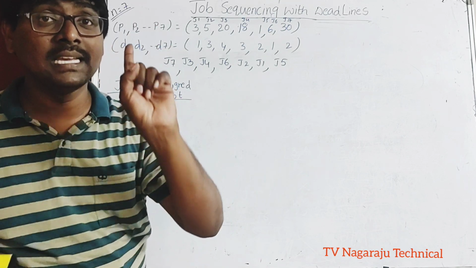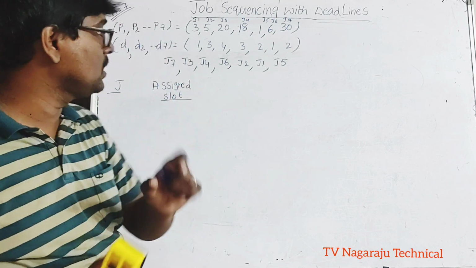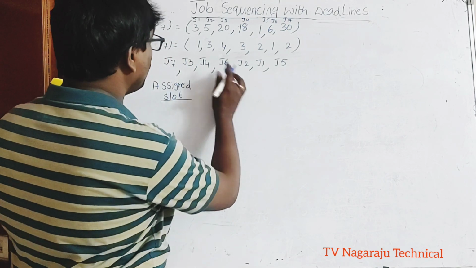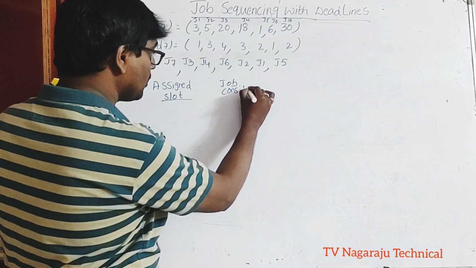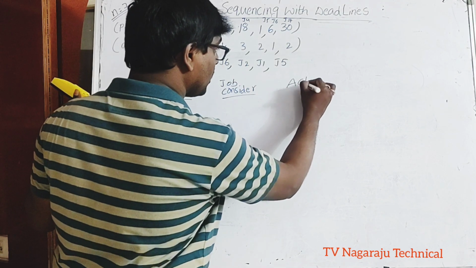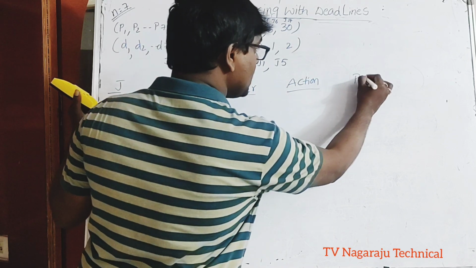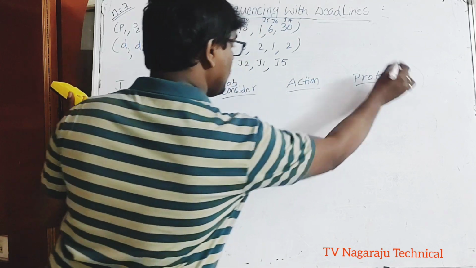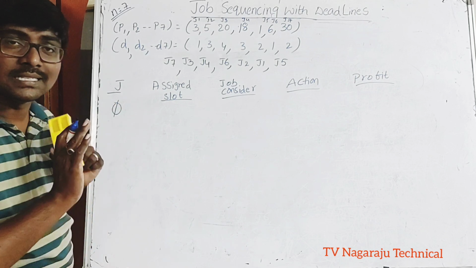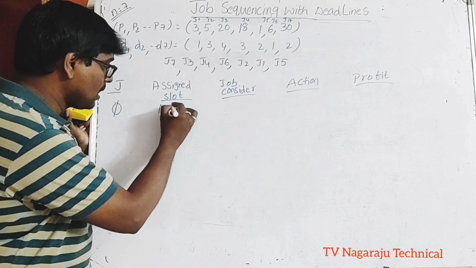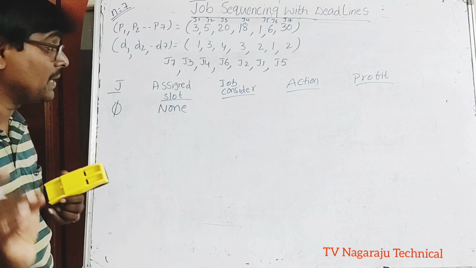That means in a single slot only one job is executed. Now, what are the jobs we consider, what is the action, and finally, what is the profit we are getting? Now observe. Initially, my answer does not consist of any job. No slot is assigned. Now, step by step.